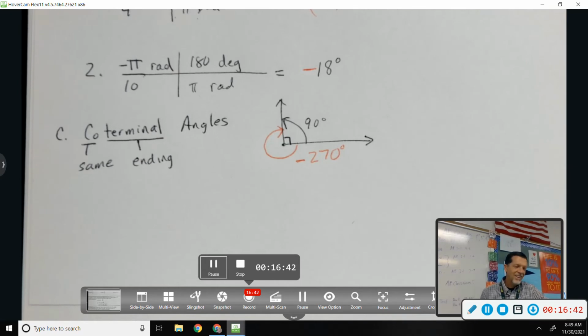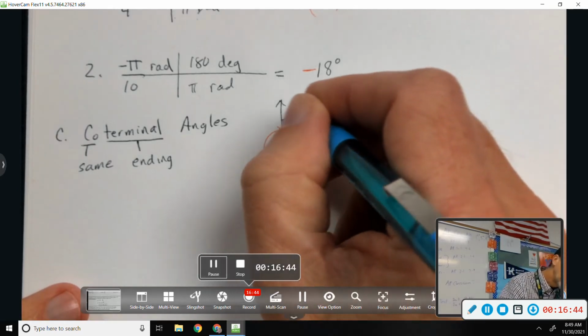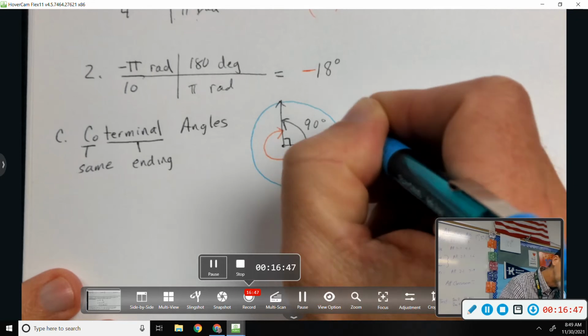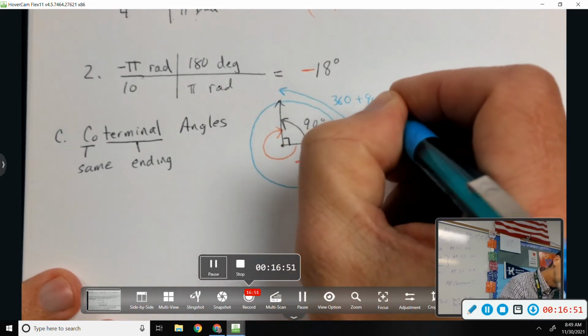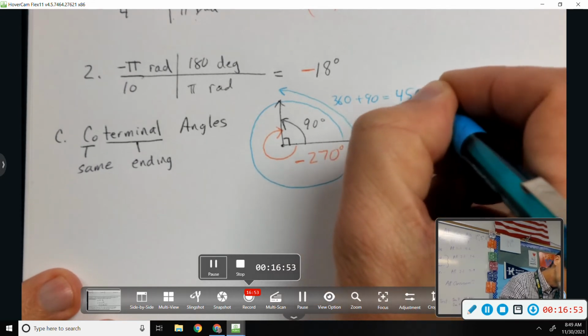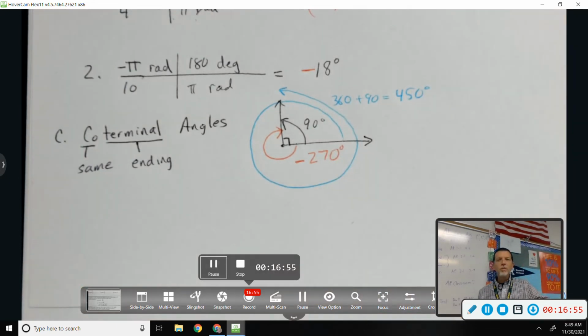I added 360 and 90. If we go all the way around, that's 360, and then we go 90 more. So that's another coterminal angle. It wouldn't be the easiest way to get there, but you still get there. You could go around twice, so 720 plus 90, or 1080 plus 90, or whatever comes after that.